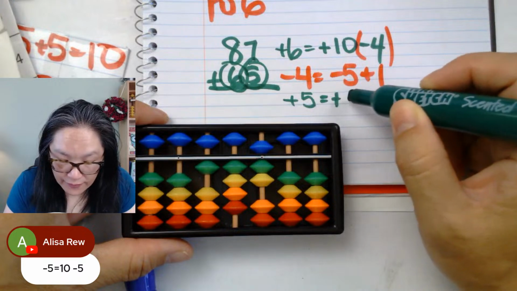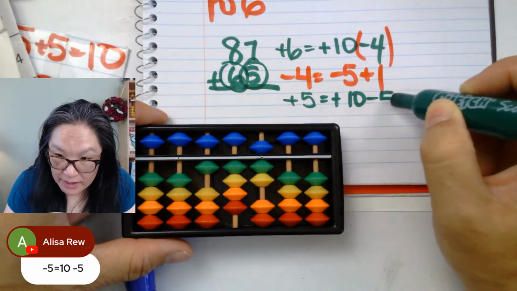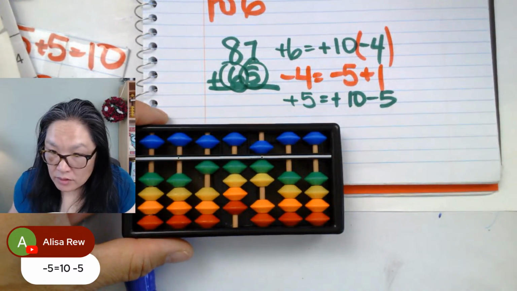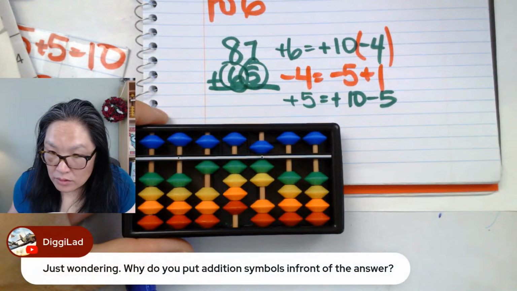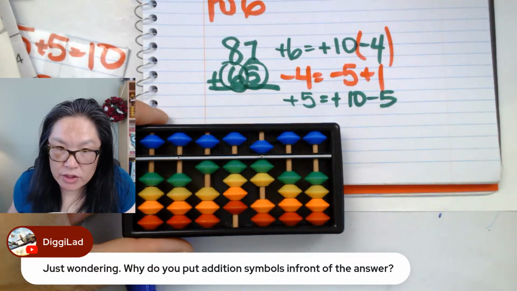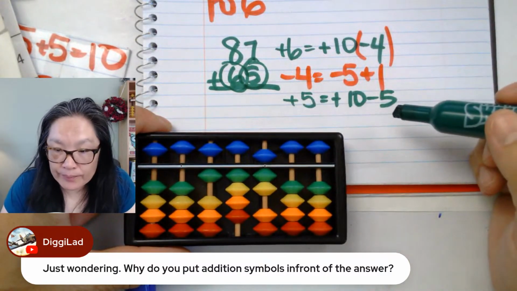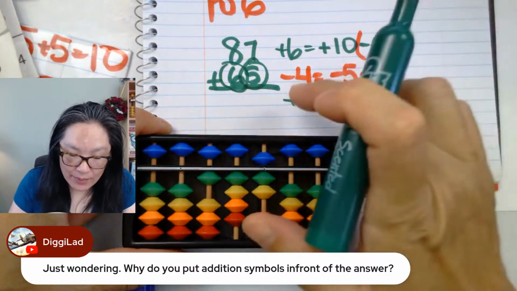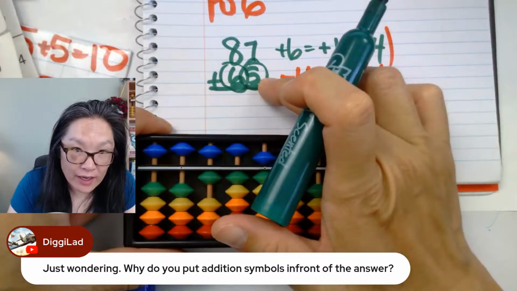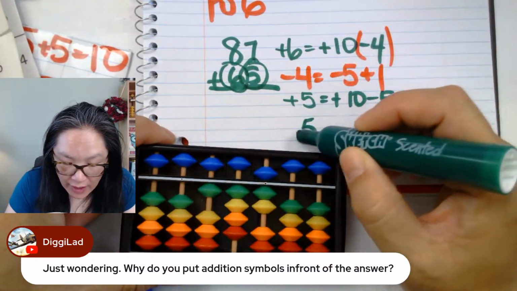Yes. Plus the 5 is equal to plus the 10 minus the 5. We do it because in abacus world, we want to know that we're adding, right? So in abacus world, we know we're going to add the 5. You could do 5.